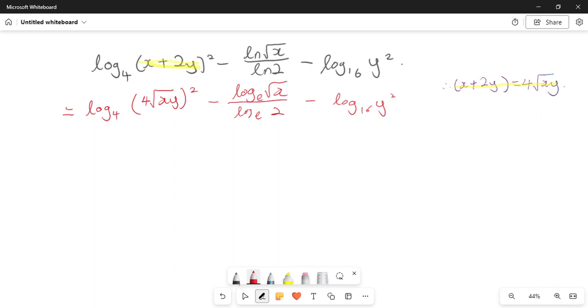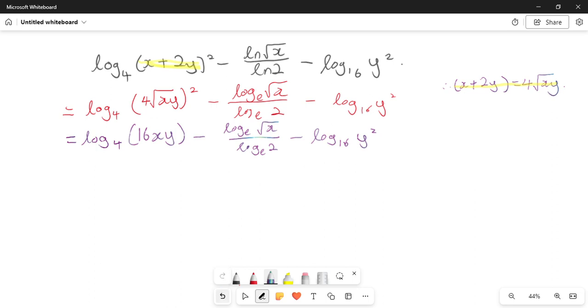Then I'm going to expand this. When I expand this, you will get log base 4 of 16xy minus, copying the whole thing again, over log e 2 minus log 16y squared.